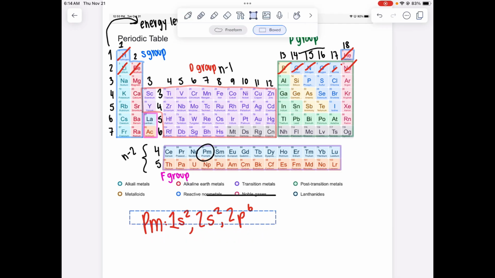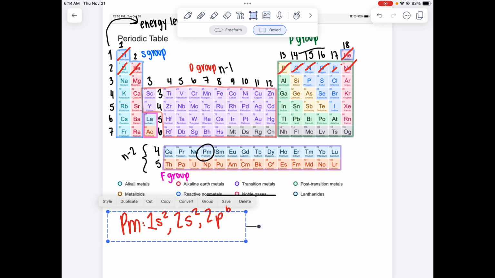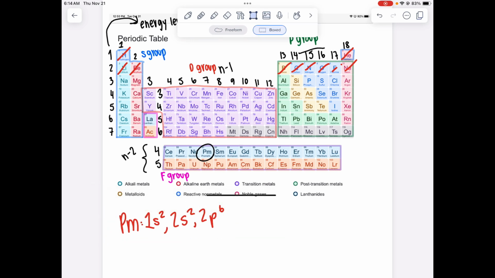Now we're gonna go to row 3. 3S2. And then 1, 2, 3, 4, 5, 6. 3P6, because it's in group P, it'd be the same.